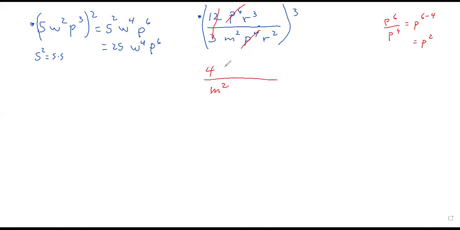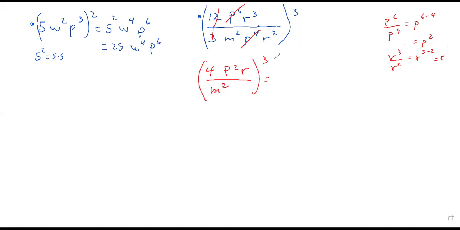So that will be p squared r, because r to the third over r squared is r. 3 minus 2, r to the first. And everything is raised to the third power. Let's raise that to the third power.